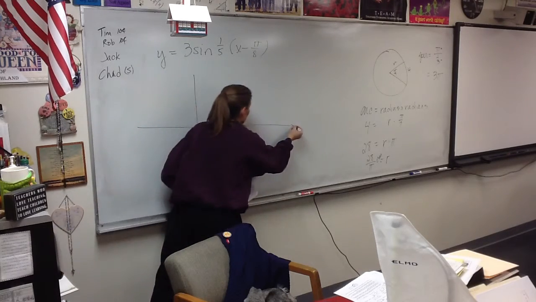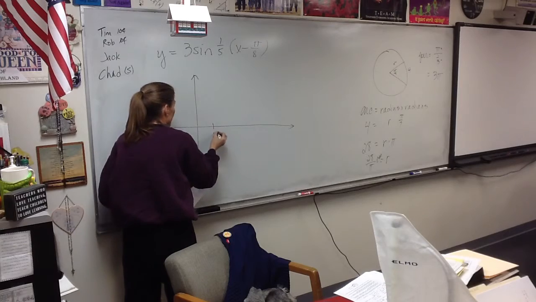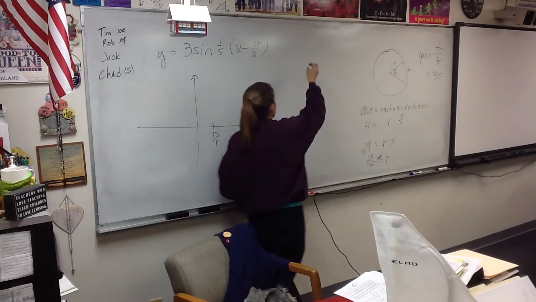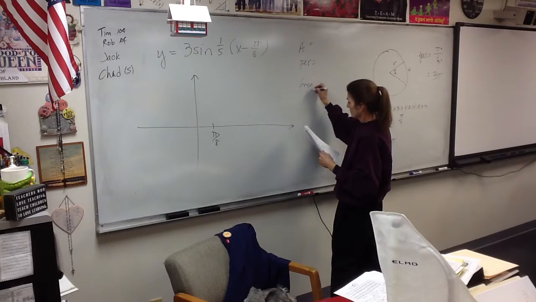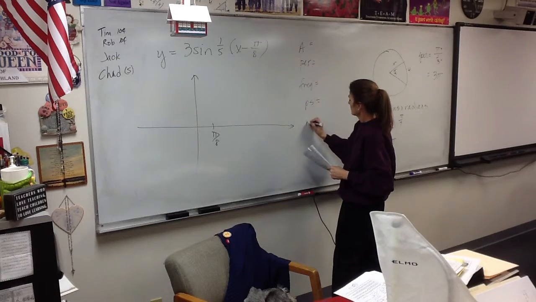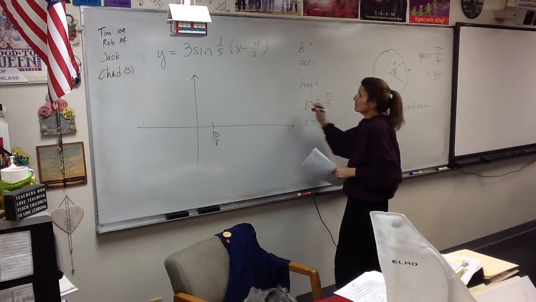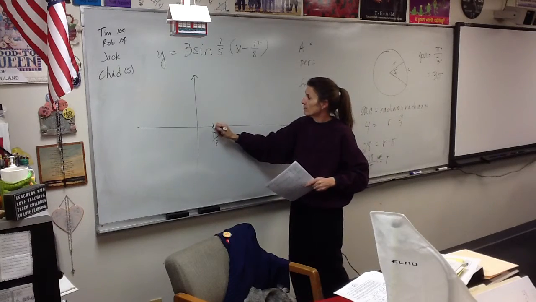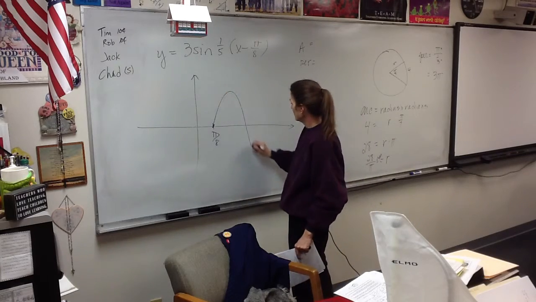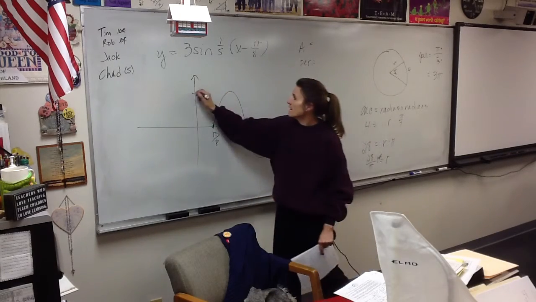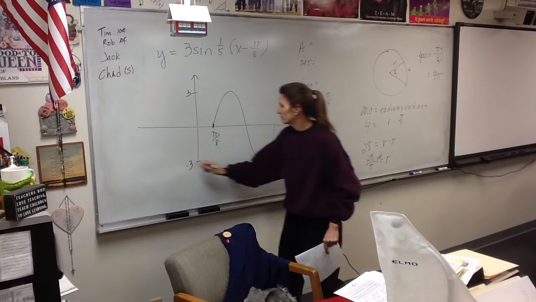We've got a sine curve. Our phase shift is pi over 8. This curve starts right here. It is a positive sine curve with an amplitude of 3.